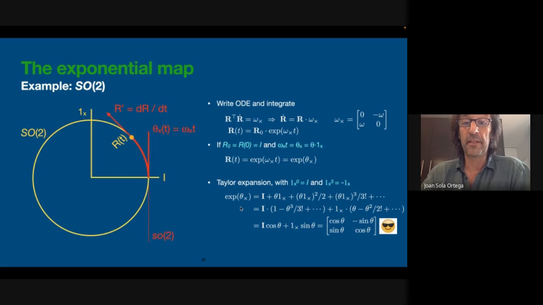You apply the Taylor expansion, I plus theta 1 cross. Remember, theta cross is theta 1 cross, plus theta 1 cross squared divided by 2, plus theta 1 cross cubed divided by 3 factorial, to infinity. Then you group the elements depending on I here, and the elements depending on 1 cross here.